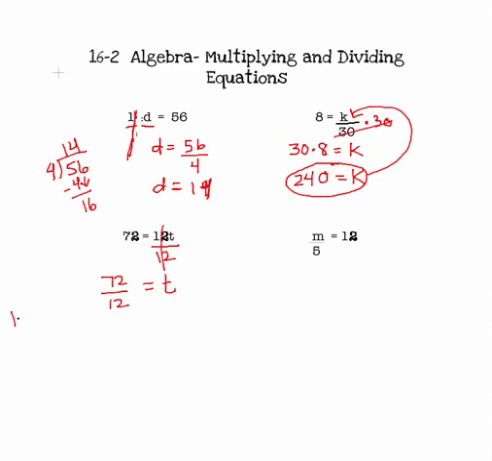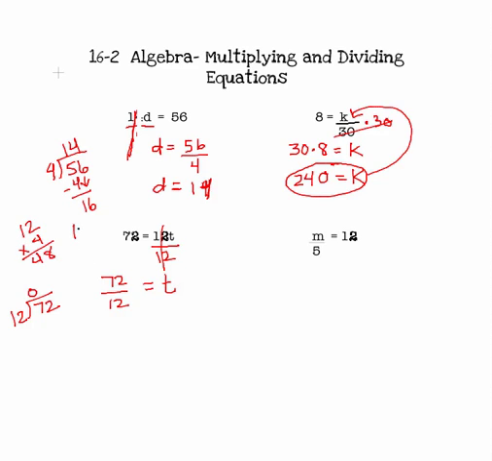So let's do this. 12 goes into 72. Well, think about this. 12 goes into 7, 0 times. Well, 12 times what is going to get me closest to 72? Let's try 4. That would be 48. Got a ways to go.